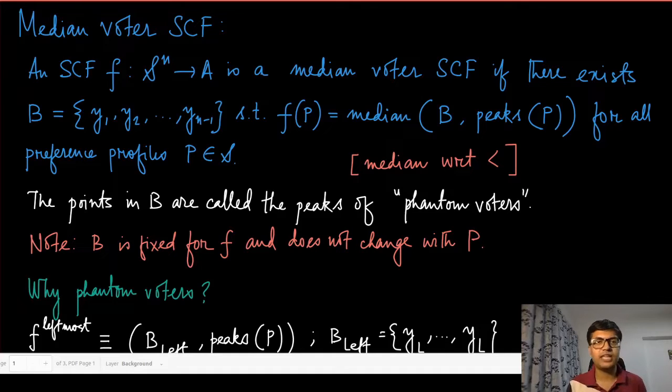And the class of mechanisms that we are going to talk about are named median voter social choice functions. It's a class of social choice functions. So how is it defined? It is defined in the following way.